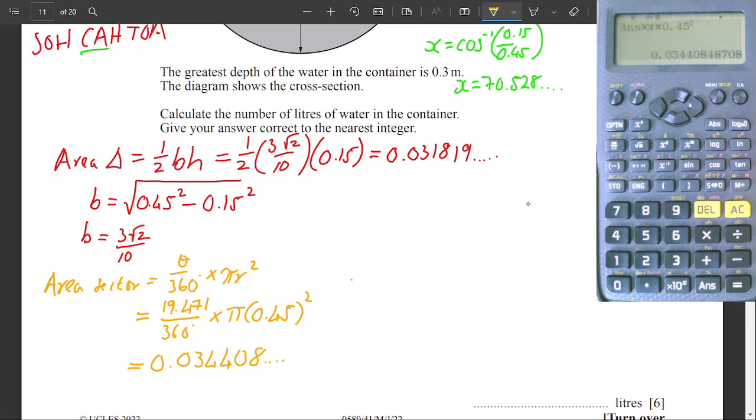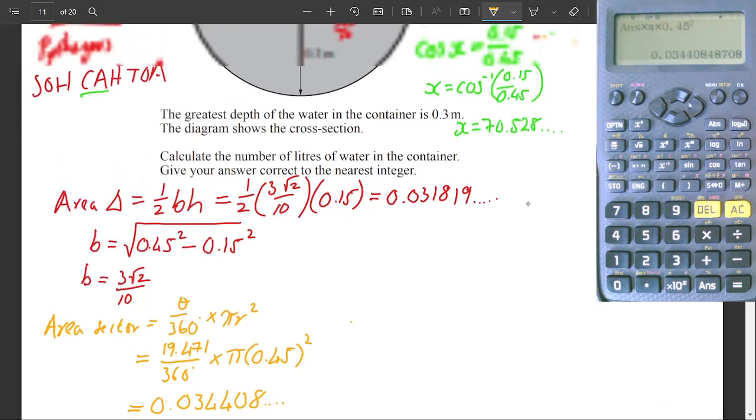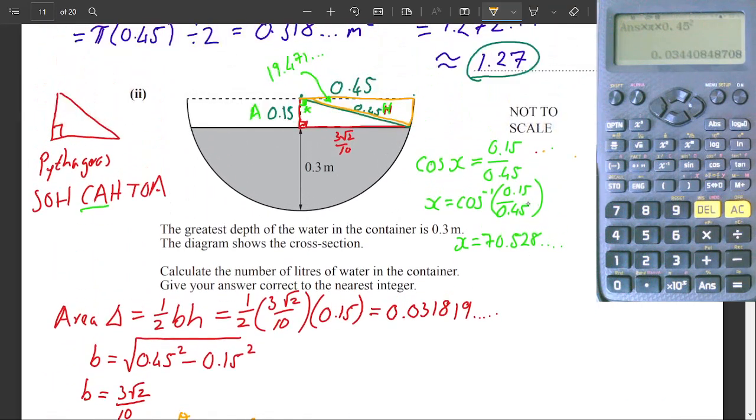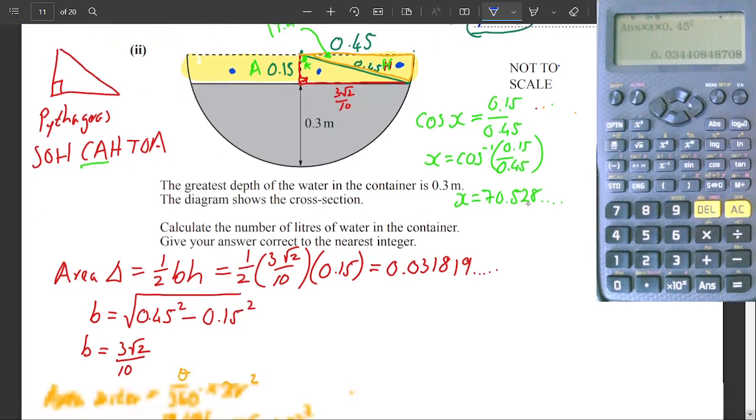My next step would be to find the whole area of the blank space above. So this whole area. What I'm going to do is add the area of the sector and the area of the triangle, and multiply it by 2, so I've got everything together.